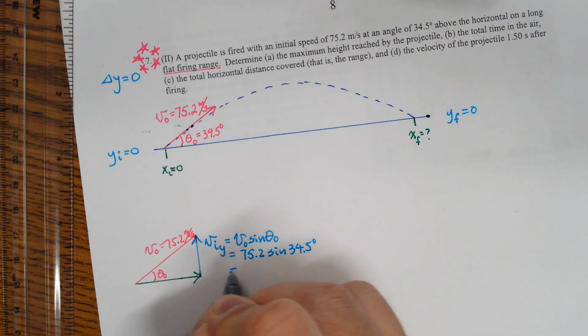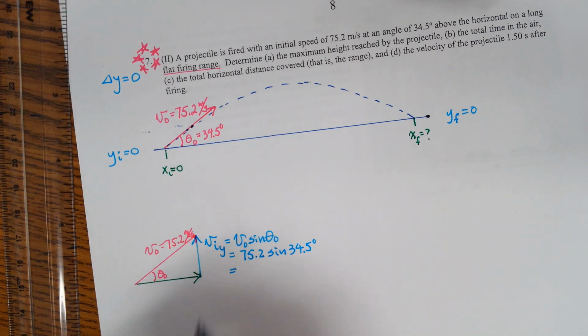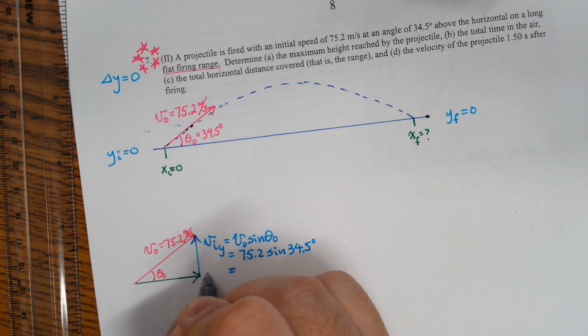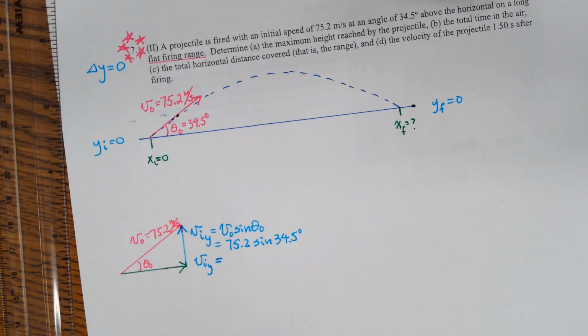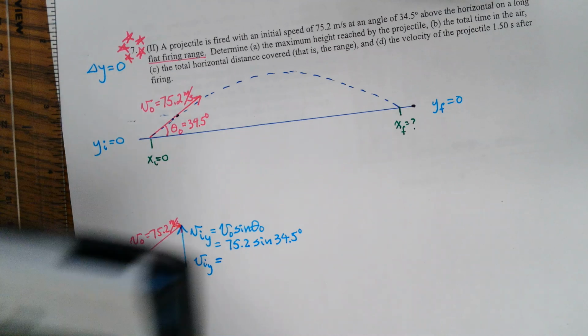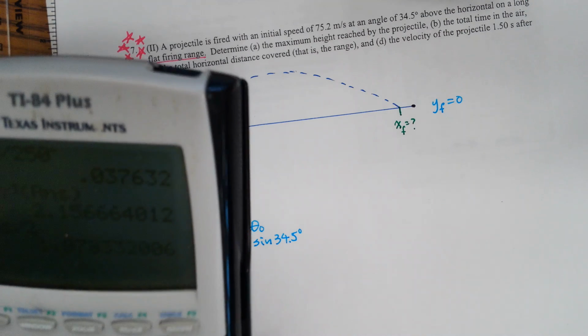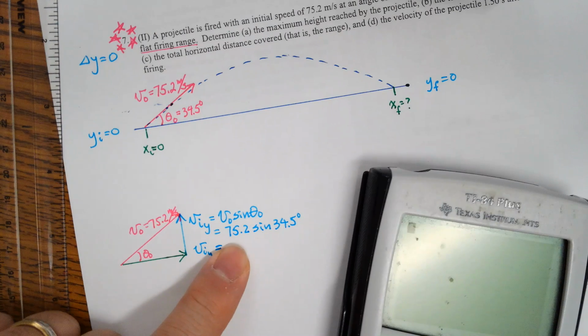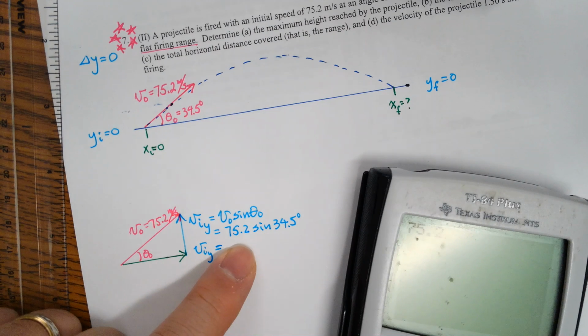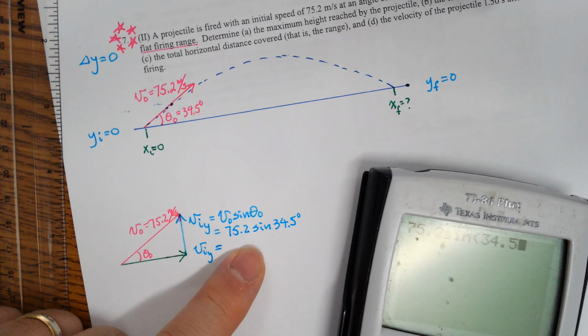And when you work that out, what do you get for Viy? I believe you get something like 42.6. Let's see, 75.2 sine of 34.5.